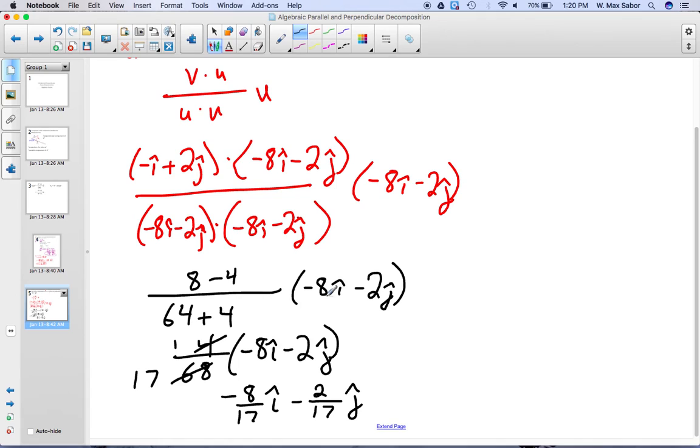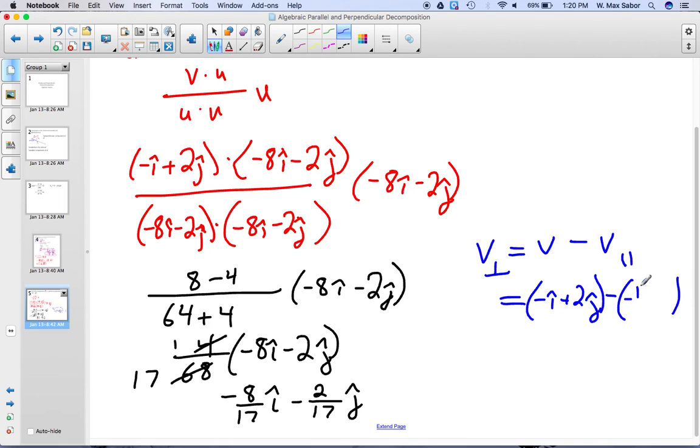So that's the parallel component. Now we want to subtract that in order to find the perpendicular component. So V minus the parallel component. So negative i plus 2j minus negative 8/17 i minus 2/17 j.